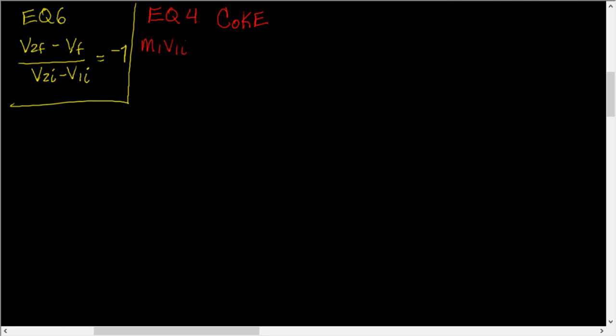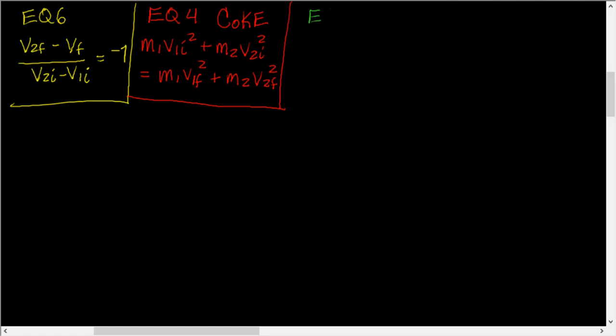That's m1 v1 initial squared. And then the kinetic energy of the initial cart 2, which is equal to the kinetic energy final squared of both carts. And equation 3 is just the statement of the conservation of momentum, COM.